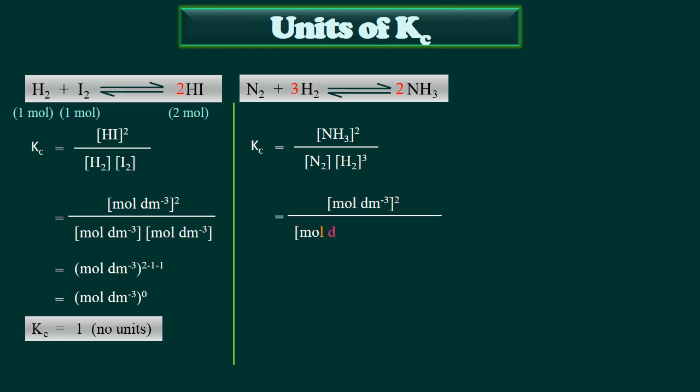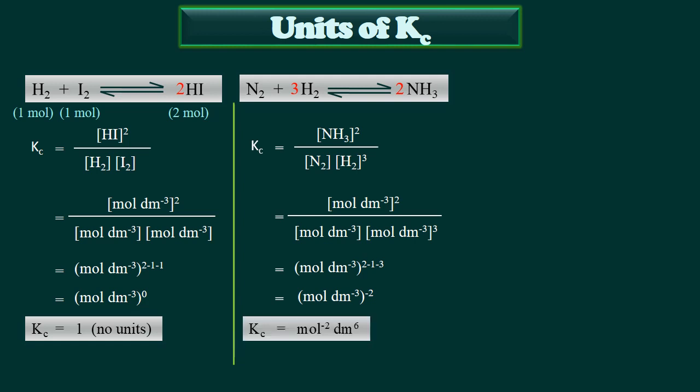In terms of mole per dm cube, simplifying using laws of exponents, 2 minus 1 minus 3, to get mole per dm cube raised to the power minus 2. Further simplifying we get mole raised to the power minus 2, dm raised to the power 6.